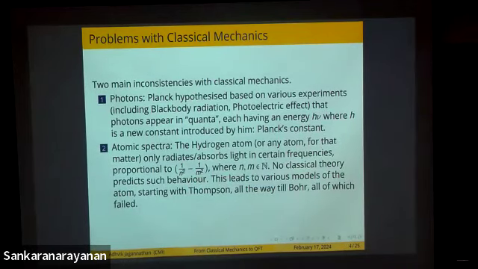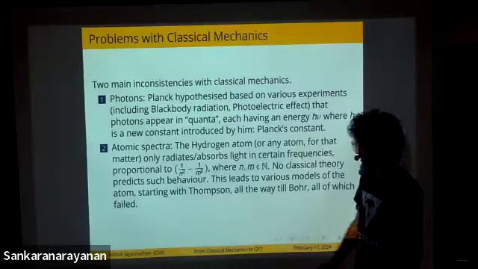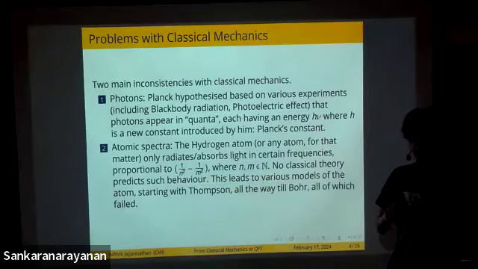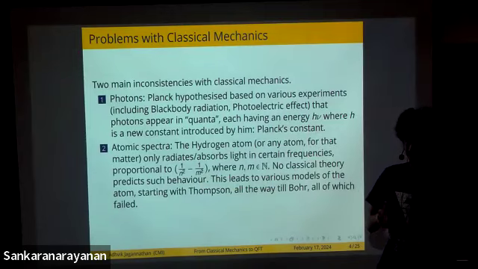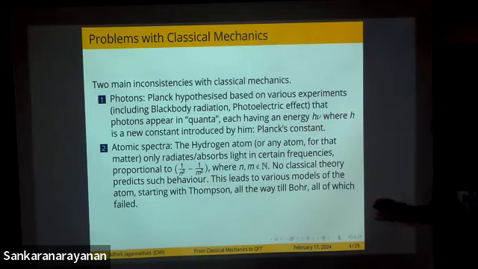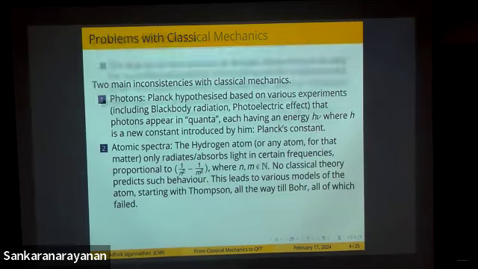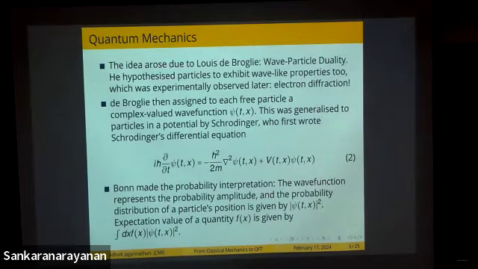Classical theory has absolutely no way to predict this. It turns out at least the second one can be explained by quantum mechanics. You'll find out that this is what is called a change in the energy levels of an atom, where the electron transitions from a higher energy to a lower energy, or vice versa.